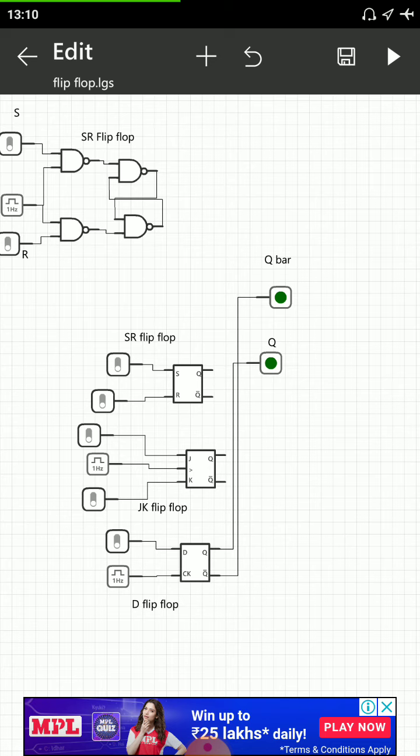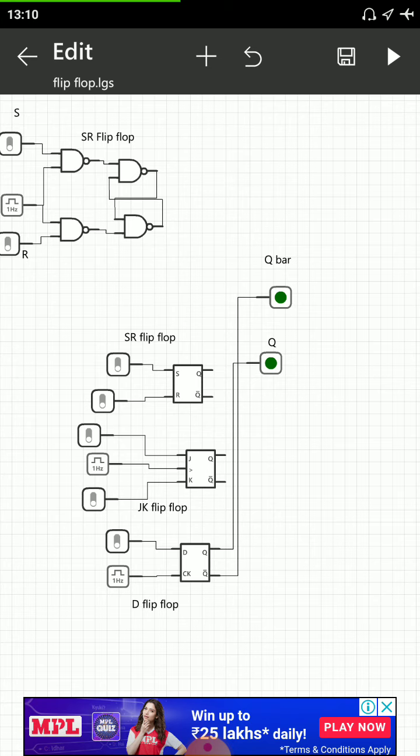So we will just simulate the circuit. I have taken two green LEDs for Q and Q bar. Previously I showed you how you can add text, so you can label them as Q and Q bar.